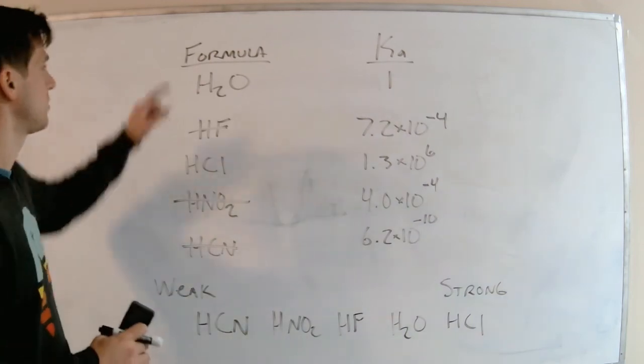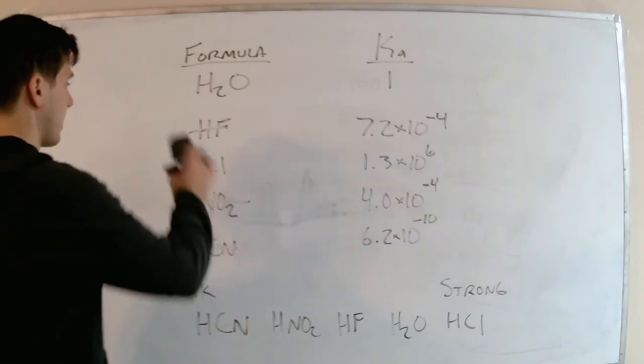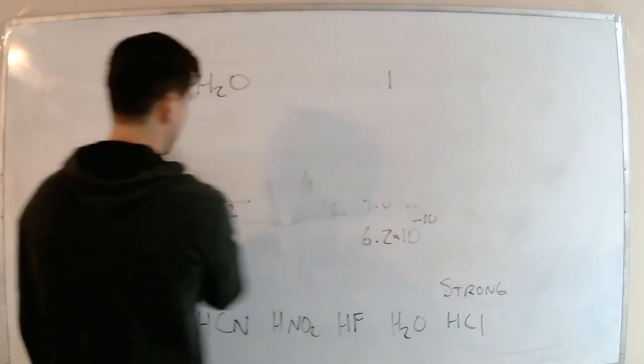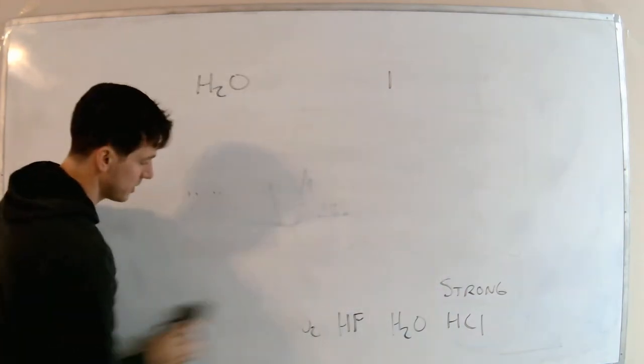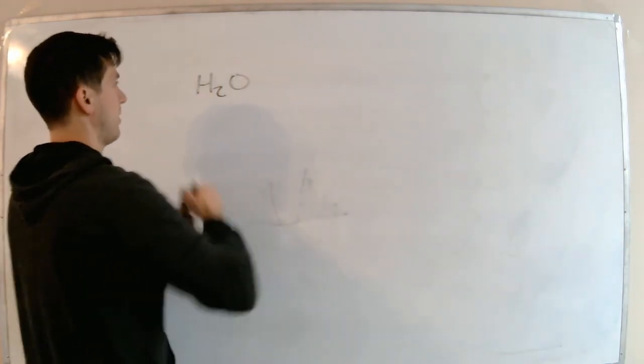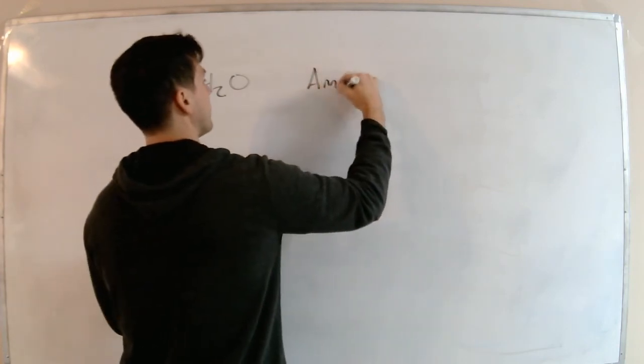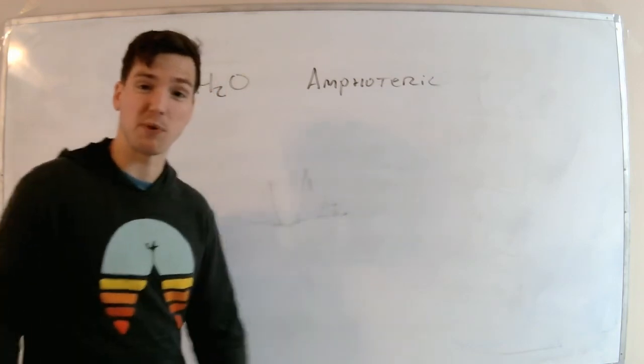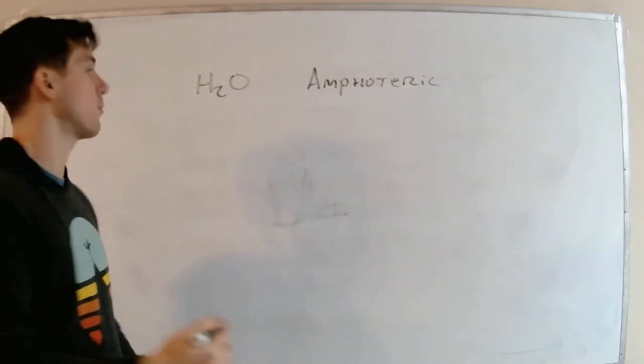Let's talk about one more thing about H2O. I just want to let you know that H2O is this fancy science word, amphoteric. Amphoteric or amphiprotic is what they'll say. But amphoteric, what does that mean?